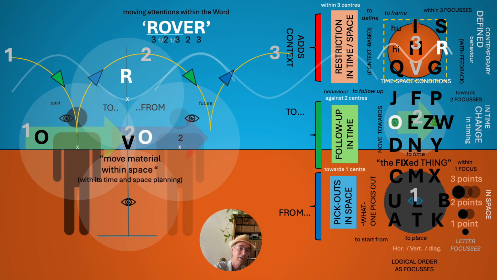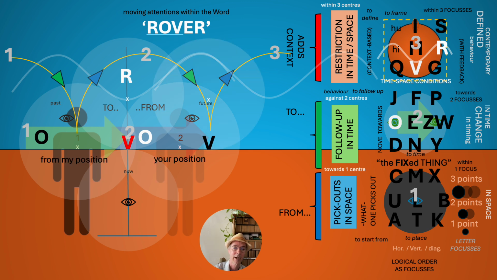So here you have the R and the O, which we know already from its position, but the V is also there, not in the right order, so I have to move it. We have to move it one step further so that we are able to read our word. So that you have R to O to V. So also there we move it one step further. Instead of V, it is changing its position.